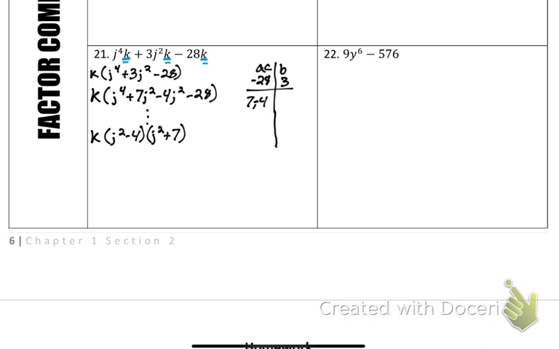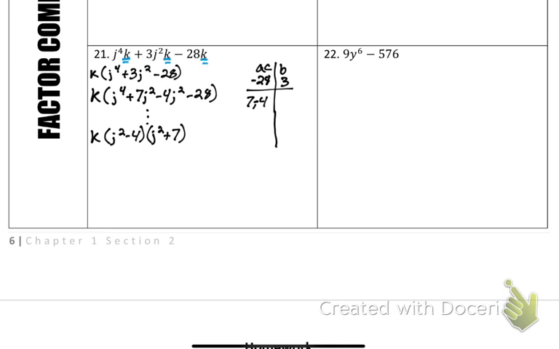But I do want to point out something that can happen because everything's fair game in these. j squared minus 4. j squared minus 2 squared. Oh, so I can take out j... 2 squared.